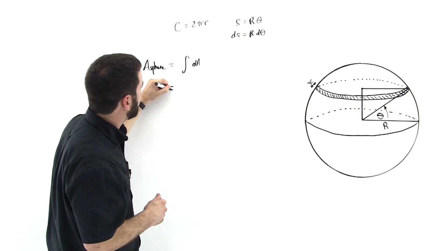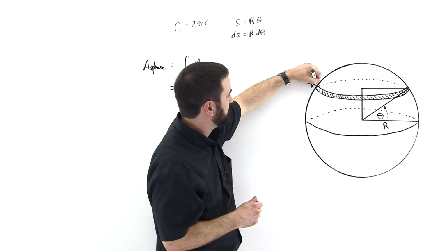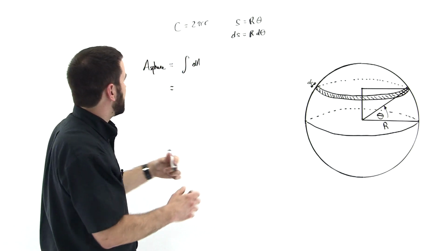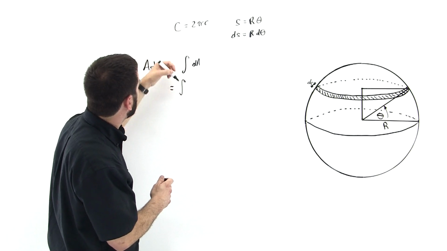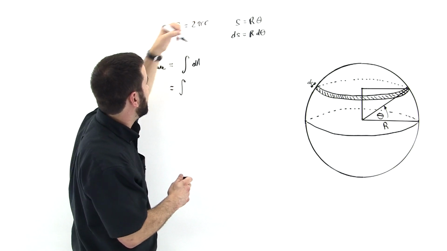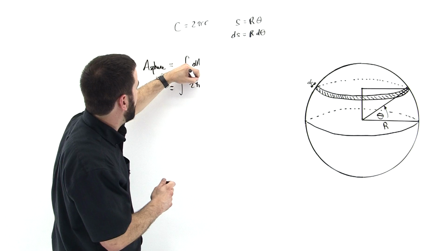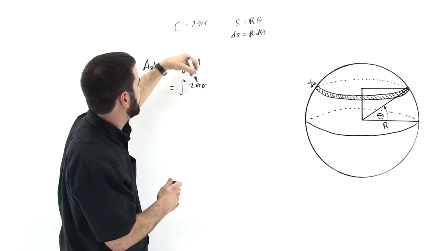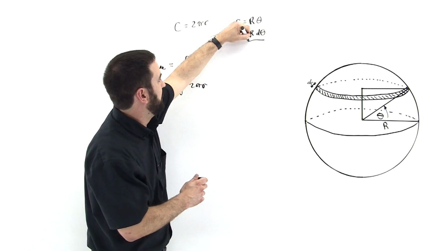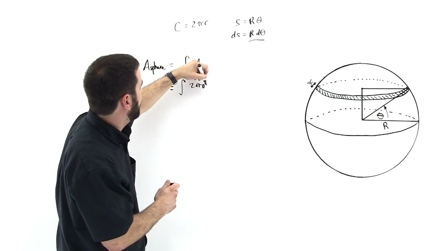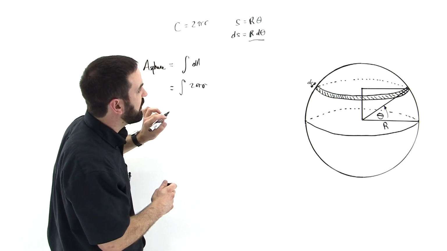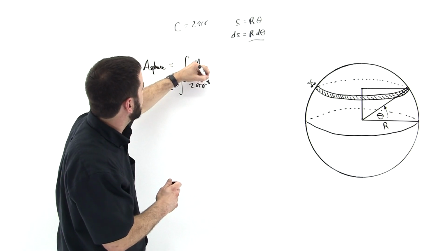The area of one of these little rings is equal to 2 pi r times ds, but then ds is equal to r d theta. So this is 2 pi r, and then this is r d theta.